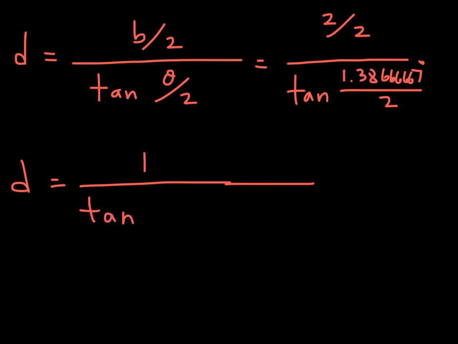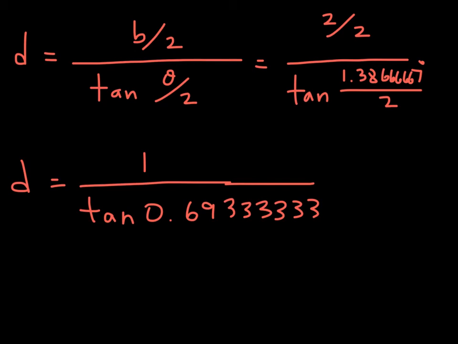I just punched in 1.386666667 degrees divided by 2. So this is 0.69333333, right? That's what I'm taking tangent of.